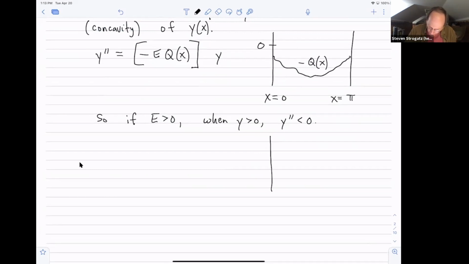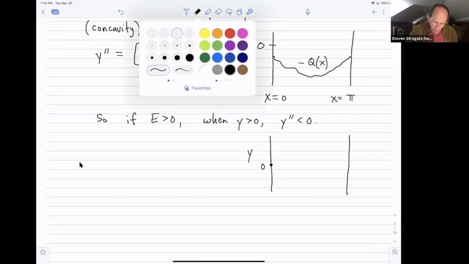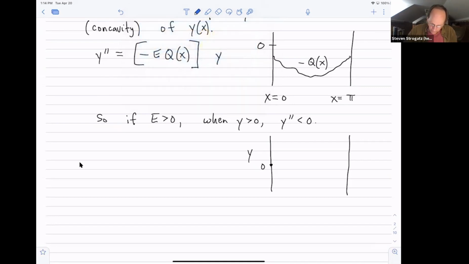for positive e. If I were drawing, suppose I started here, showing y starting at 0. And imagine I start out going positively. And I'm consulting my function q as I go. So if my y starts out positive, then this tells me that I should expect y double prime to be negative. And so I'm going to start curving downward.